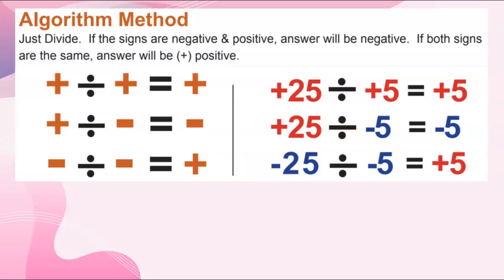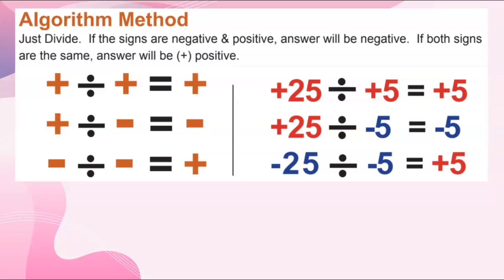So if I had negative 25 divided by negative 5, basically saying how many groups of negative 5 can I form from negative 25? That would be 5 groups of negative 5. So negative 25 divided by negative 5 would get me positive 5.